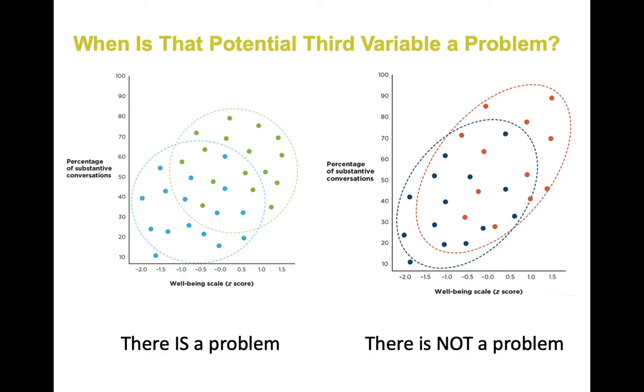So in this case, although level of education still could be a third variable explanation for the results, deep talk and happiness are nonetheless correlated within the two different education subgroups. And so in this case, we wouldn't say that there's necessarily an internal validity problem in this pattern of results, whereas there is here.